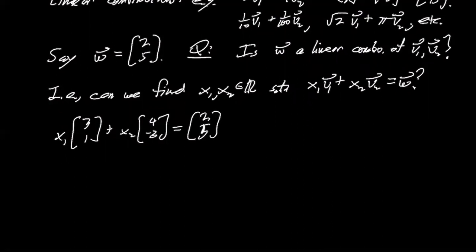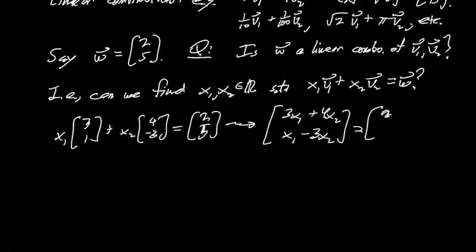Scaling by x1 is like multiplying both the 3 and the 1 by x1, and scaling by x2 is the same thing, multiplying both those by x2. And then the addition, you just combine component by component. And so pretty quickly you see that this is 3x1 plus 4x2 here, and x1 minus 3x2 here, equals 2, 5. It's a system of linear equations because you want the first entries to match and the second.